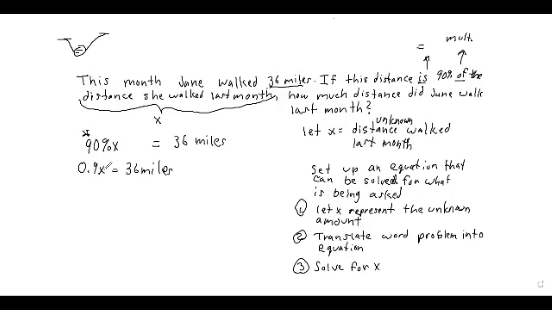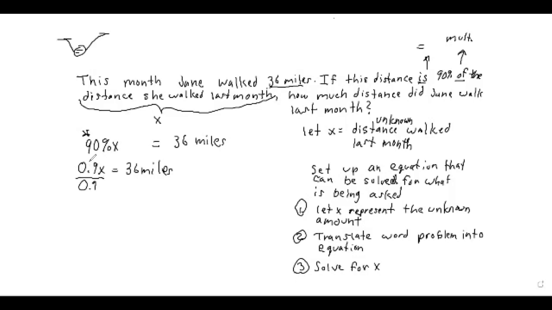That's how we get the variable by itself. So here it's 0.9 times x. The opposite of multiplication, or times, is division. So we divide 0.9 times x by 0.9. We multiply by 0.9, so we're going to divide. Whatever operation we're doing to our variable, we do the opposite operation.